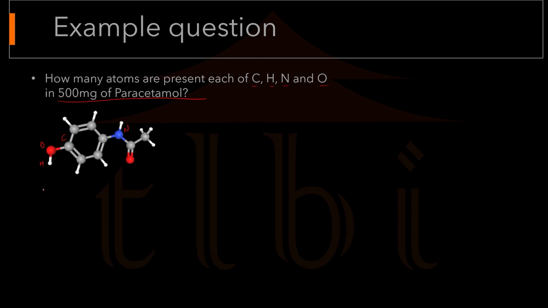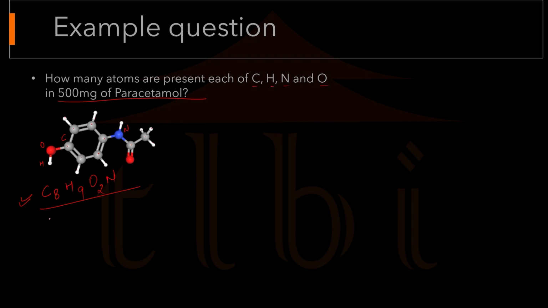So from here you can see we have carbon how many? 1, 2, 3, 4, 5, 6, 7 and 8. 8 carbon. Hydrogen how many? 1, 2, 3, 4, 5, 6, 7, 8, 9. 9. Oxygen 2 and nitrogen 1. Okay. And because we are not told the molecular weight, we can calculate based on this molecular formula. So how do we do that?